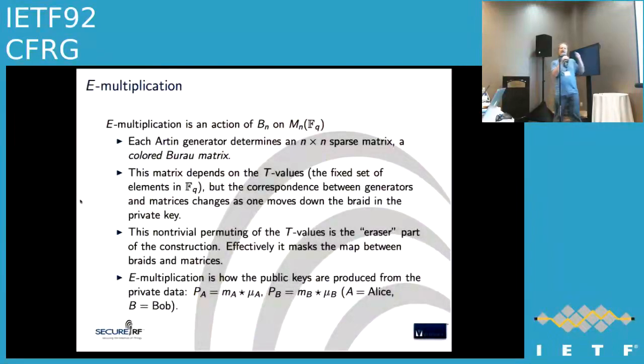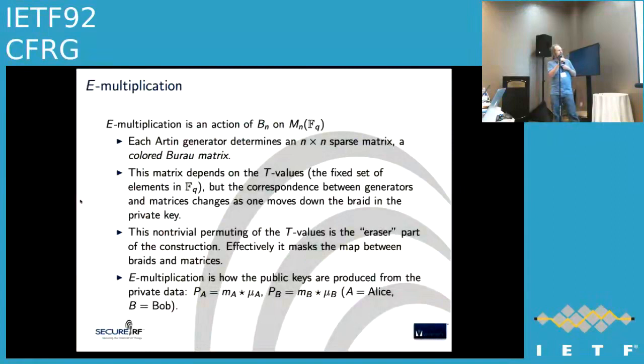So it's not fixed at the beginning, so changing the braid changes it as it moves down. And that's really the eraser part of the name. As you move down, the representation of the braid group on the matrix group is being masked as you move down the braid. And it changes based on which braid you have.